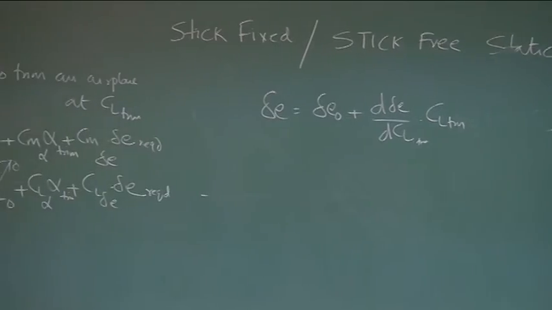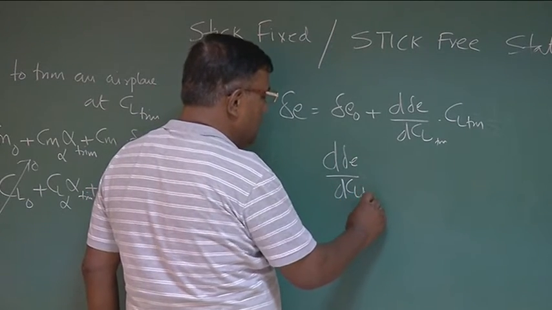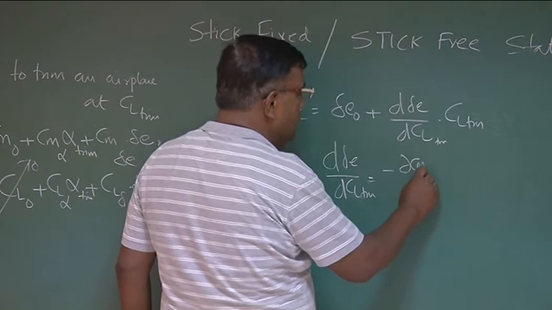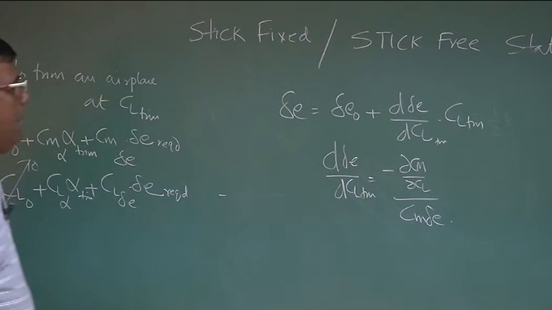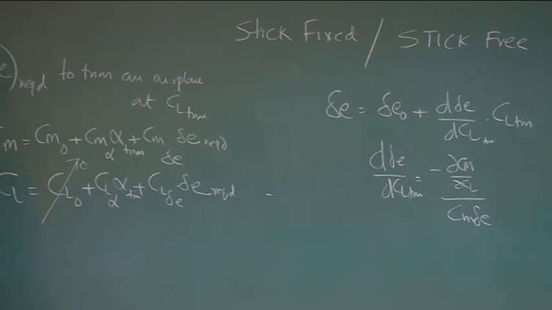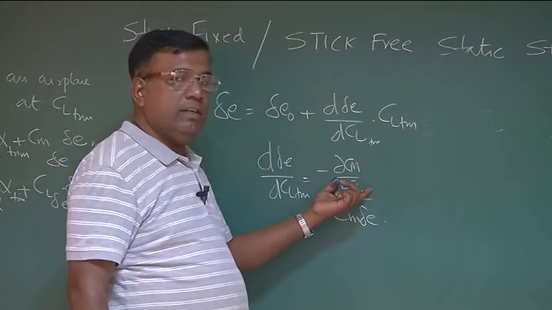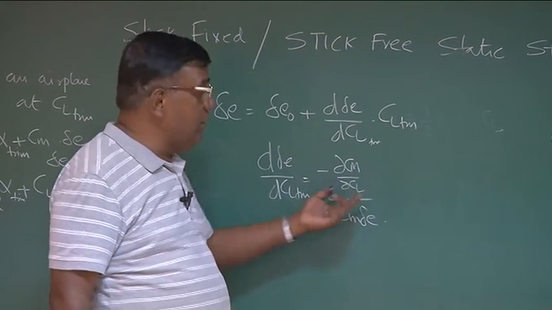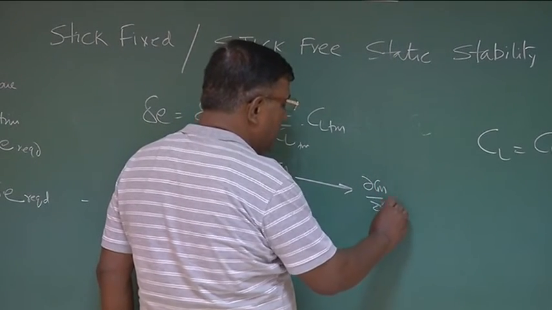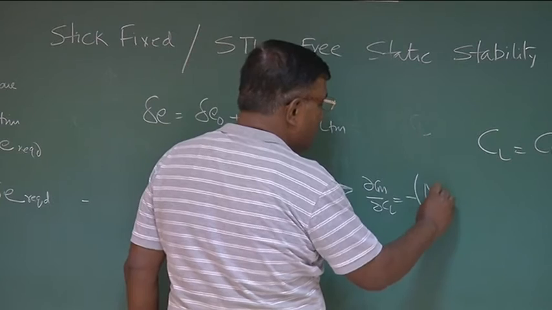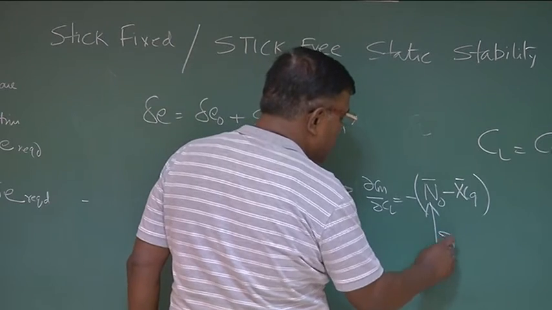We also know that approximately d delta E by d CL trim is equal to minus dCM by dCL divided by CM delta E. So with this understanding, it is very clear that if I want to fly at a particular CL, and I know its stability characteristics, its neutral point and CG location. Why am I saying that? Because dCM by dCL is approximately equal to minus of neutral point minus X CG, and this neutral point we talk about is stick fixed.